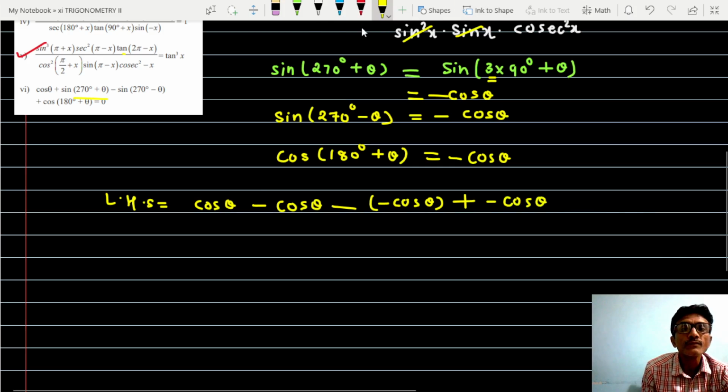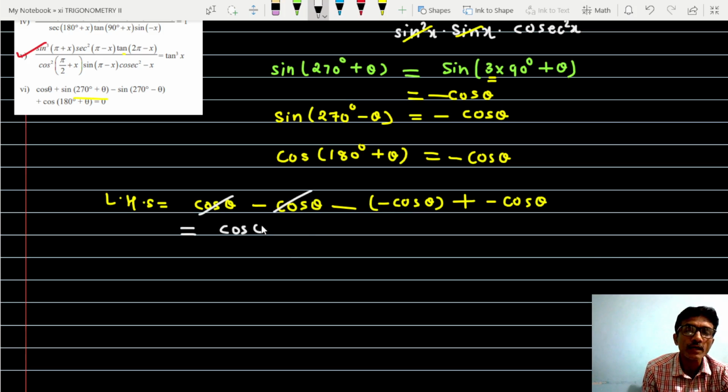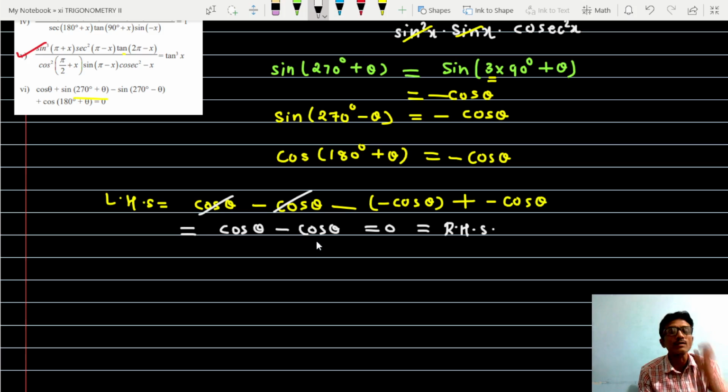Clearly here cos theta and this cos theta cancel, minus of minus gives plus cos theta, and this minus cos theta. And this gives us 0, which is required to show the right hand side. Done.